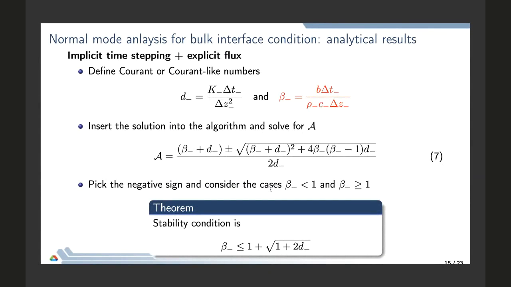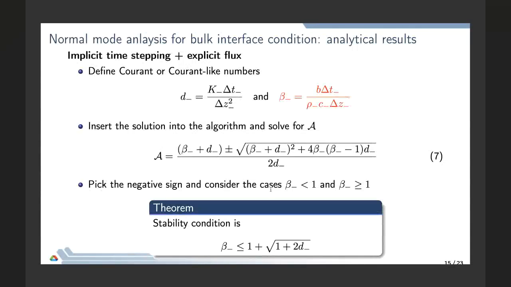The reason we consider implicit time-stepping here is we want to rule out the stability contributions from the inner domain. Let's say we already know that the component itself is absolutely stable. If there's instability, it only comes from the coupling at the interface.